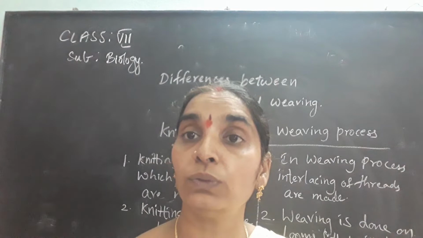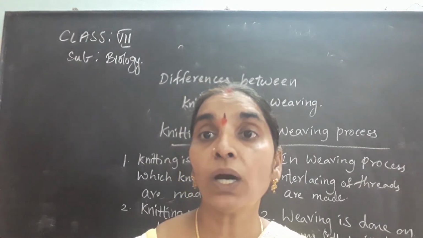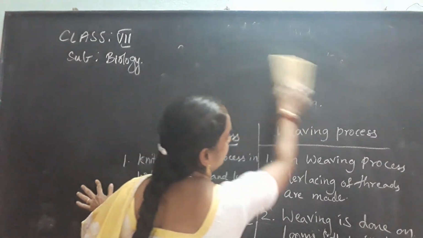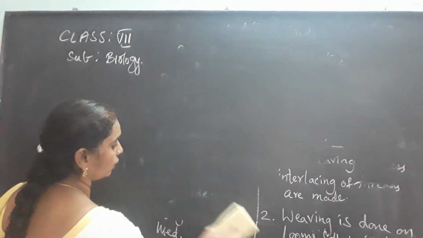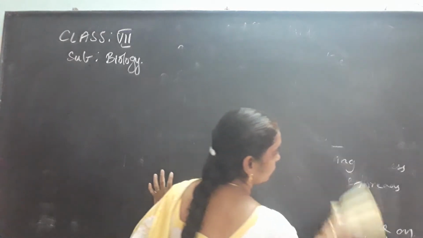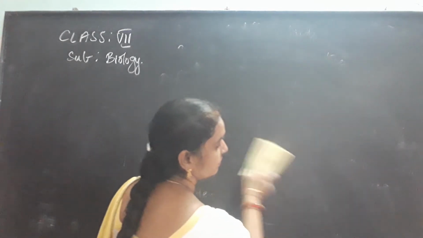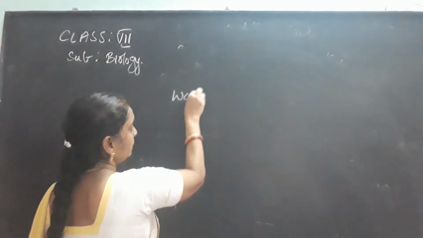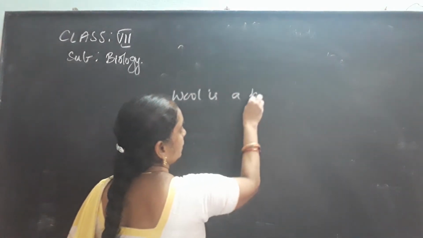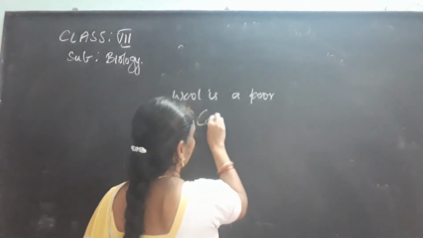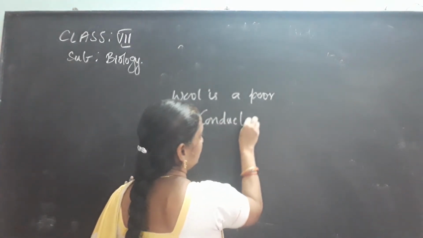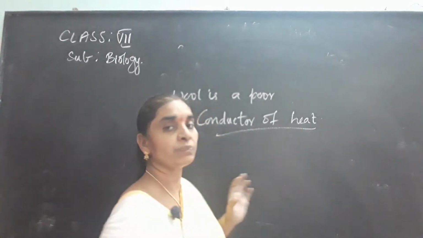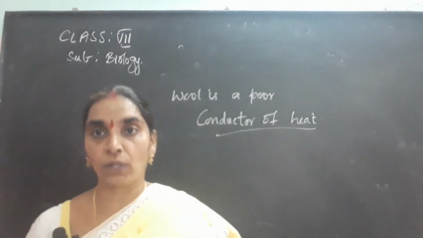And also you have to know that wool is a poor conductor of heat. One of the most important things is that wool is a poor conductor of heat. Why is wool a poor conductor of heat? That is also an important question that arises for you. Wool does not allow the outside air to enter our body.